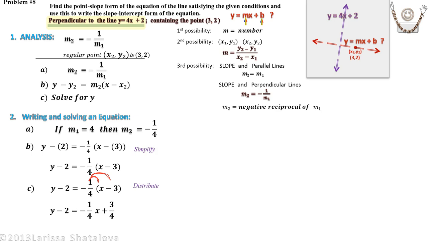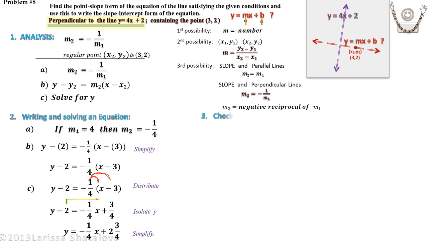And then negative 1 over 4 times negative 3, negative times negative gives us positive 3 over 4. Next step, we have to isolate y. So we have to move negative 2 from the left to the right. And it will be positive 2. Now, positive 2 and 3 over 4, together it will be 2 and 3/4.